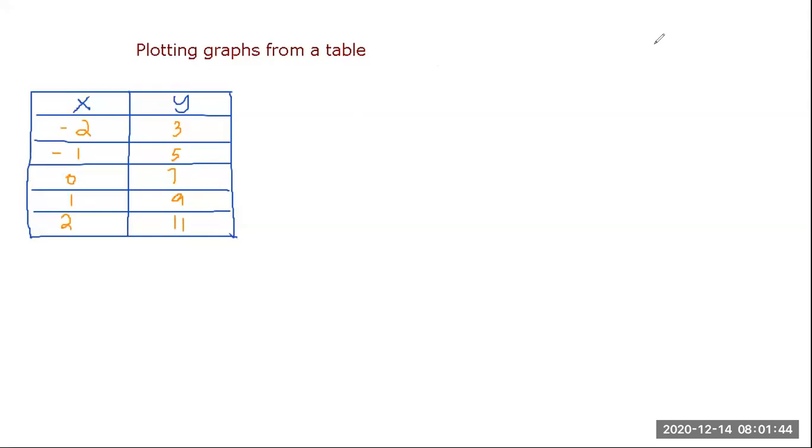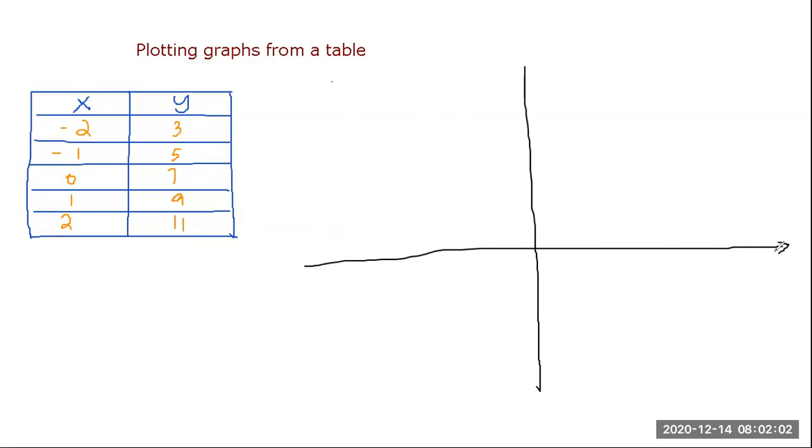All right, so now let's look at how we plot a graph from a table. It's similar to what we've been doing before. You have the x value and the y value. I'm going to sketch my graph and label x and y: 0, 1, 2, 3, -1, -2, -3.